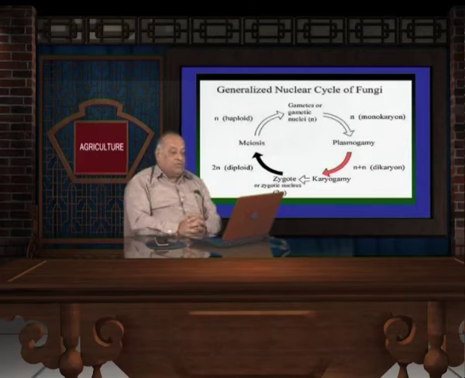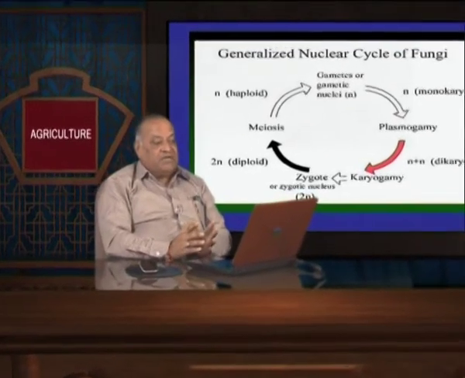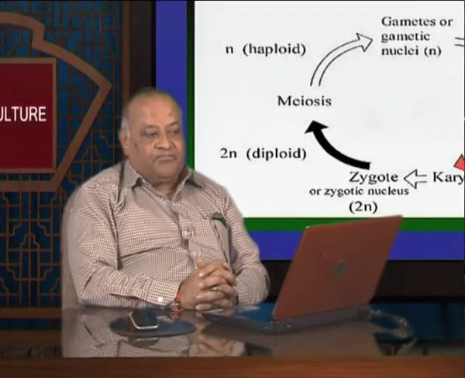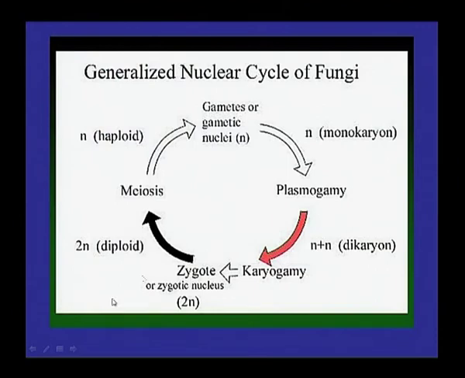Before going to the basidiomycetes or the smuts, I would like us to understand the generalized nuclear cycle of the fungi. The generalized nuclear cycle of the fungi shows that there are gametes or gametic nuclei, n in number. It is a monokaryon.